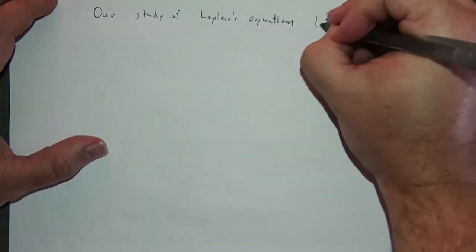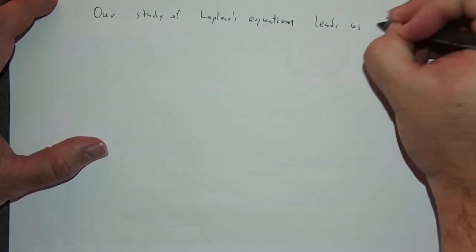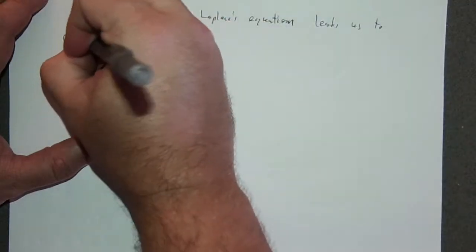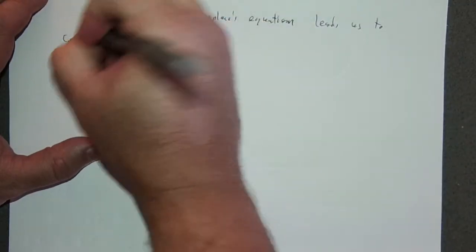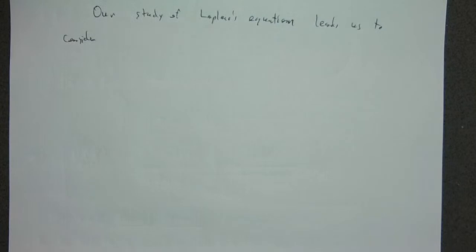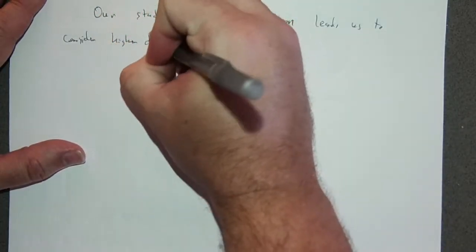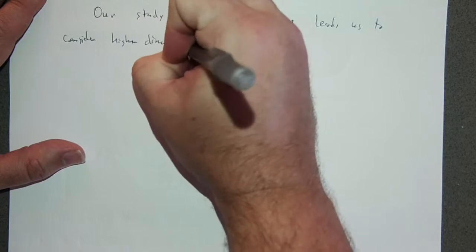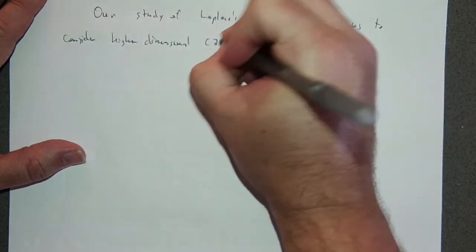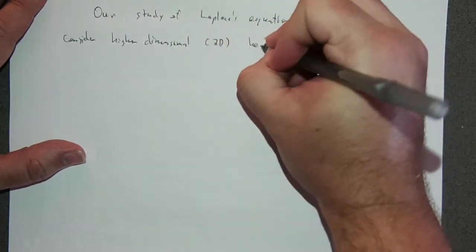maybe leads us to consider, now that we've got it under our belt, that higher spatial dimensions, I can deal with them in some way. But this leads us to consider higher dimensional, so 2D for now, heat and wave equations.